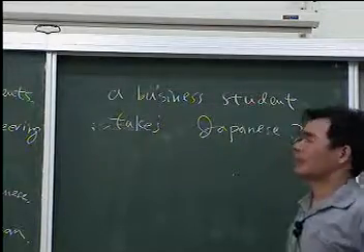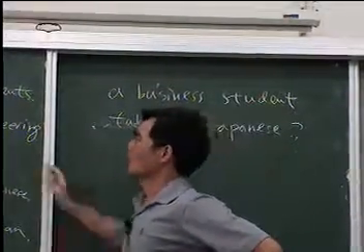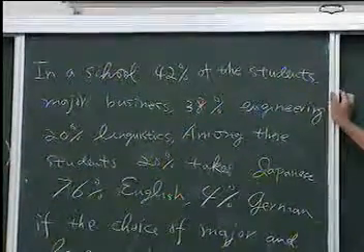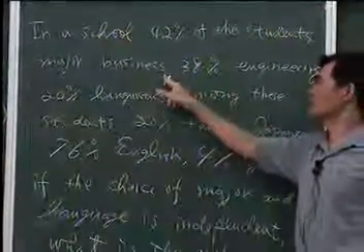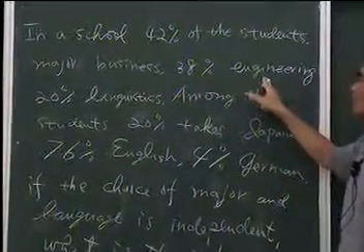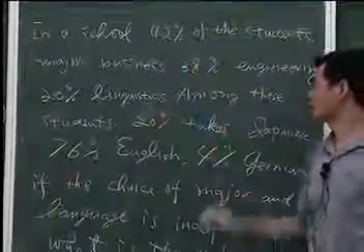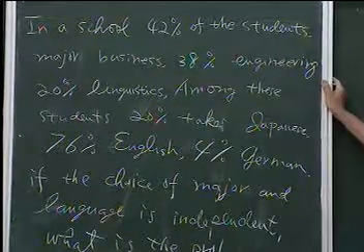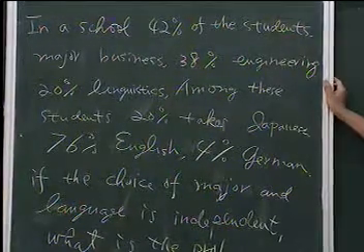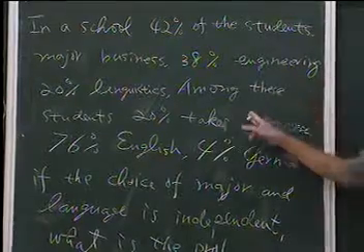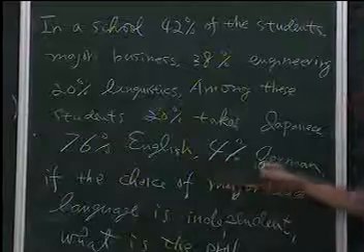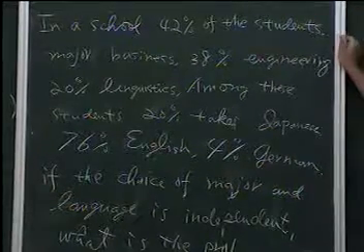Okay, now we have three things here. Students will choose majors, okay? Their major may be business major, or engineering major, or linguistics major. And for all these students, they are required to take language classes. 20% of them take Japanese, 76% of them take English, and 4% of them take German.